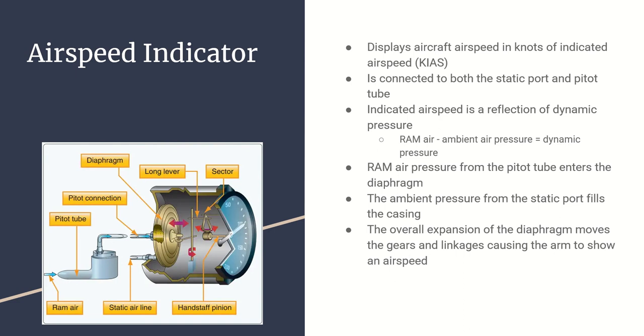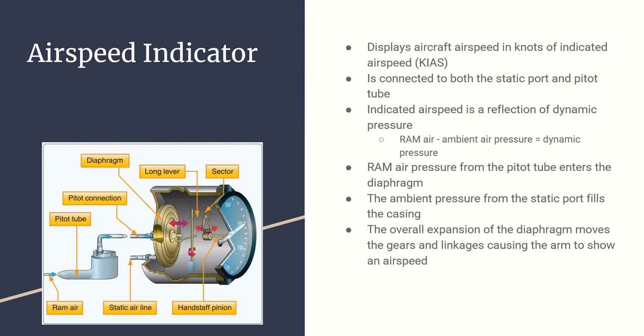But let's make this math really quickly, because sometimes this is a really hard concept to understand, right? So our ram air pressure, remember, is most of what our airspeed indicator shows us. Generally speaking, the more ram air pressure there is, the greater the airspeed registered will be. But we have to have that adjustment factor to account for the fact that the amount of ram air at different altitudes is not the same, right?